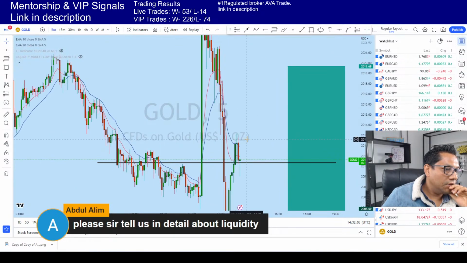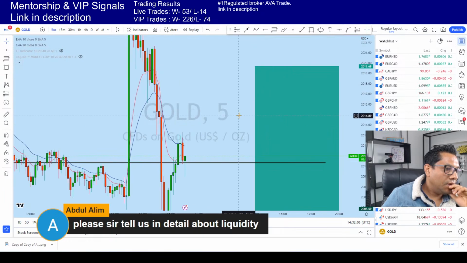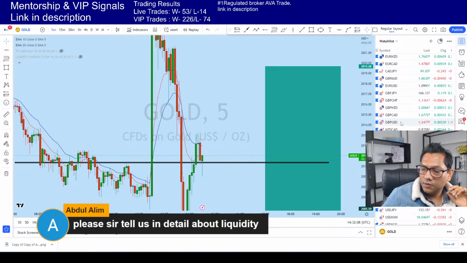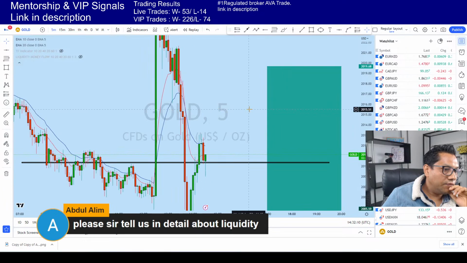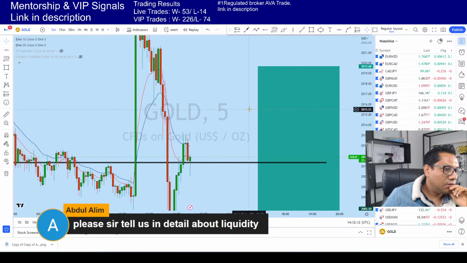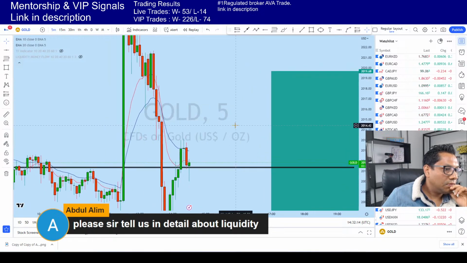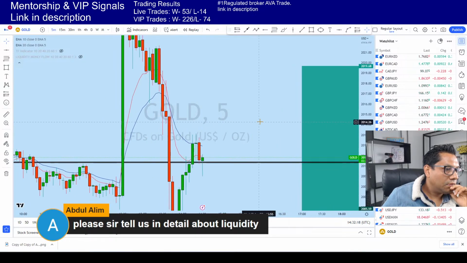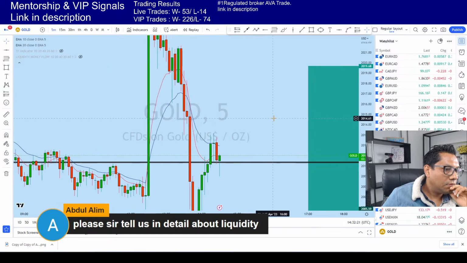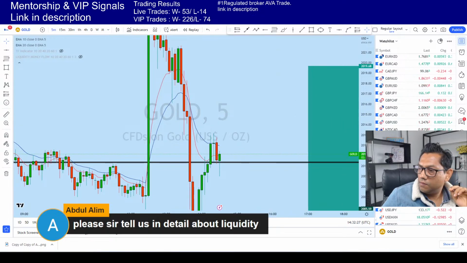I want to see that like that, a long doji and then an aggressive bullish move, just what we needed, isn't it? Okay, very good.